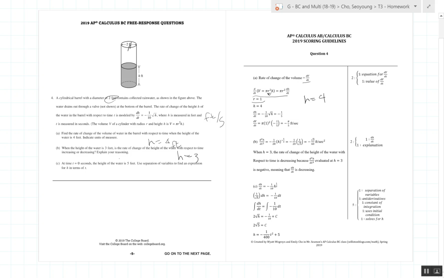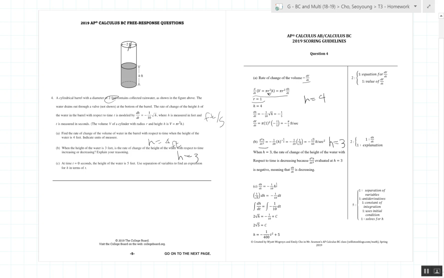We need to find the second derivative of the height, which is negative 1/20 times h to the negative 1/2 power, which equals negative 1/20 times 1 over square root of 3, because the height is 3 feet. So that is negative square root of 3 over 60 feet per second squared.